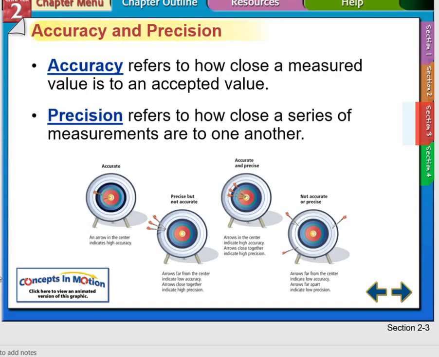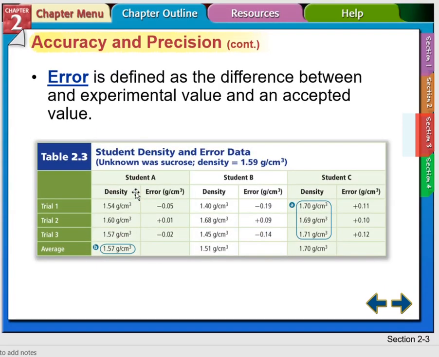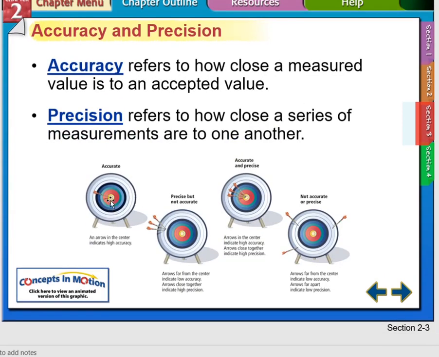Brief little thing about accuracy and precision. Accuracy refers to how close the measured value is to the actual real value or accepted value. Precision is how close the measurements are to each other. So if you look here, accurate because you're trying to hit the bullseye. Here, this is precise because you are very consistent where you hit on the target, but you're not very accurate because you were aiming for the center.